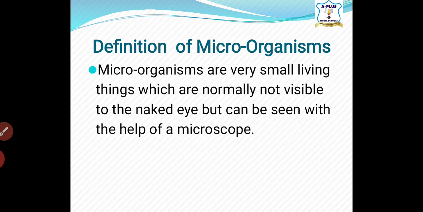That means almost all the microorganisms that we have can only be seen with the help of microscopes. We can only use a microscope to view or to see microorganisms.